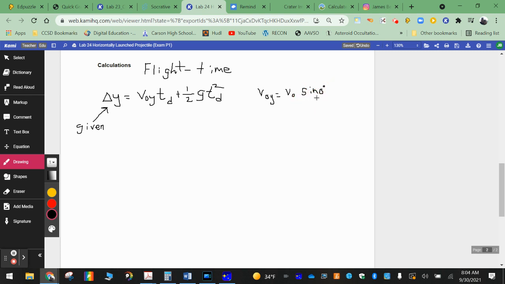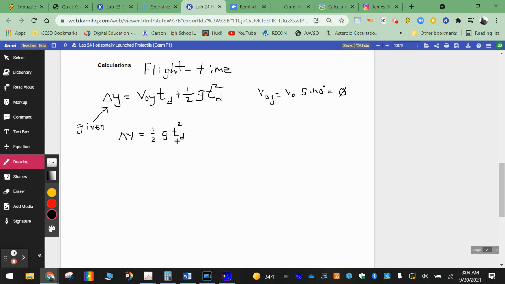What's sine of 0? It is 0. So this value here is 0. If that's 0, then this becomes delta y equals 1/2 G time down squared.